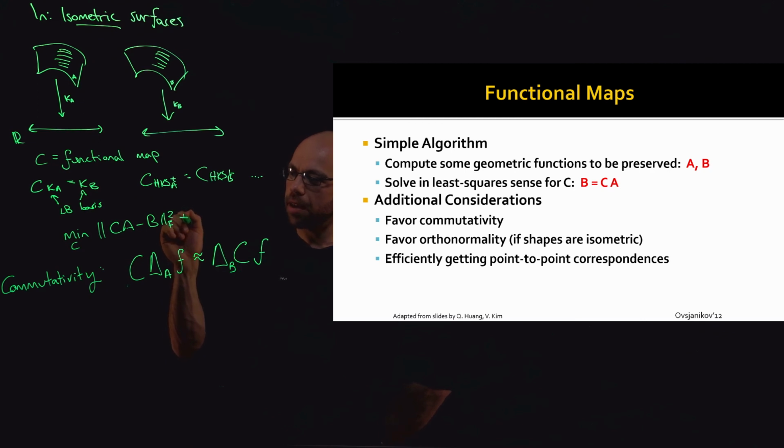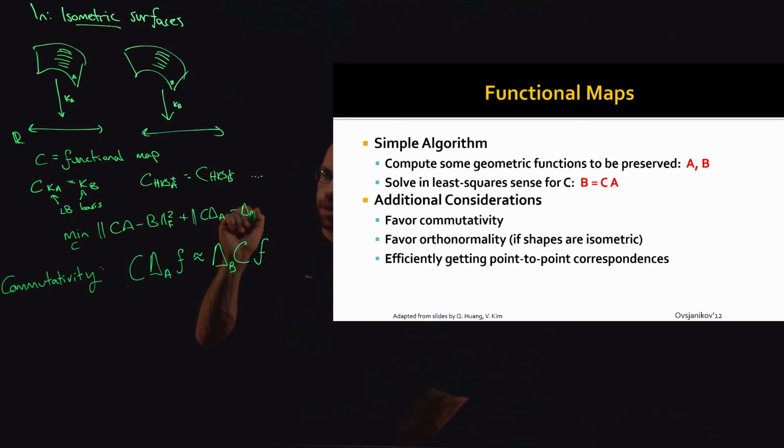So that suggested that we can actually add an interesting regularizer to this functional maps problem, which does the following. It looks at C times the Laplacian matrix of A, again written in the Laplacian basis typically, so it's just diagonal in that case, minus Laplacian B times C, times some coefficient.